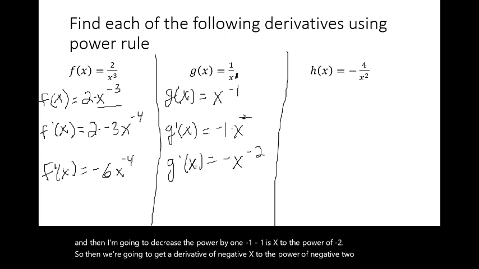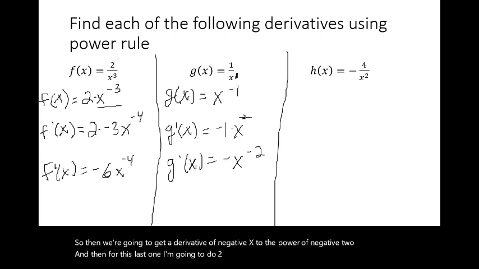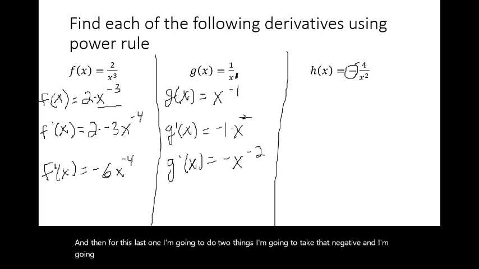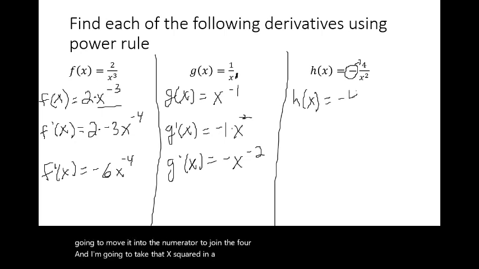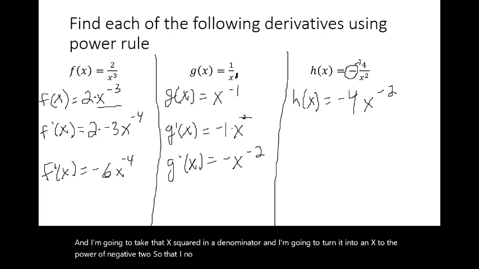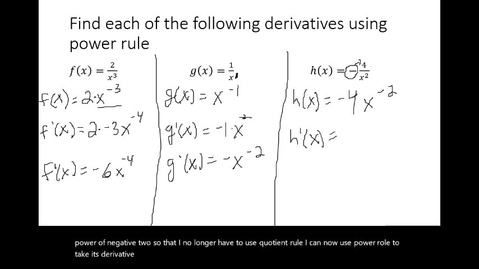And then for this last one, I'm going to do two things. I'm going to take that negative and move it into the numerator to join the 4. And I'm going to take that x squared in the denominator and turn it into x to the power of negative 2, so that I no longer have to use quotient rule. I can now use power rule to take its derivative. So its derivative, h prime of x, I'm going to leave the constant multiple negative 4 where it is.